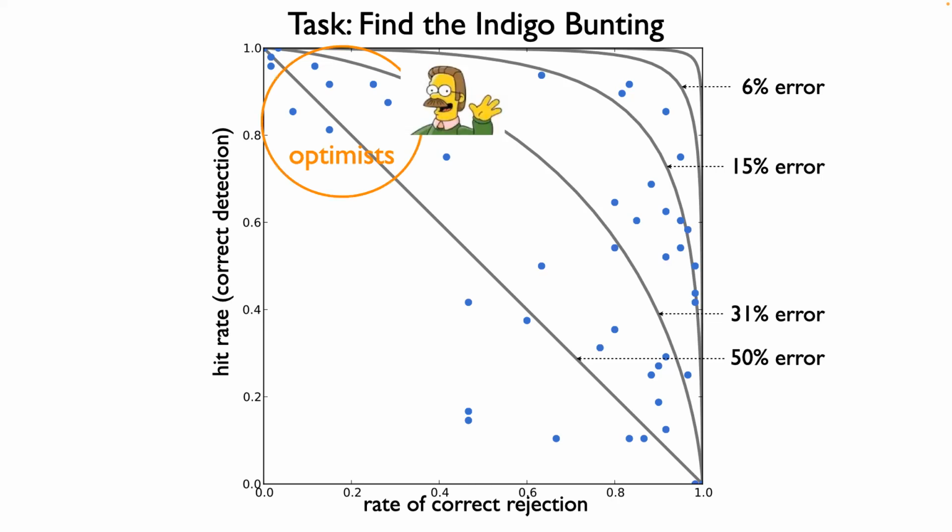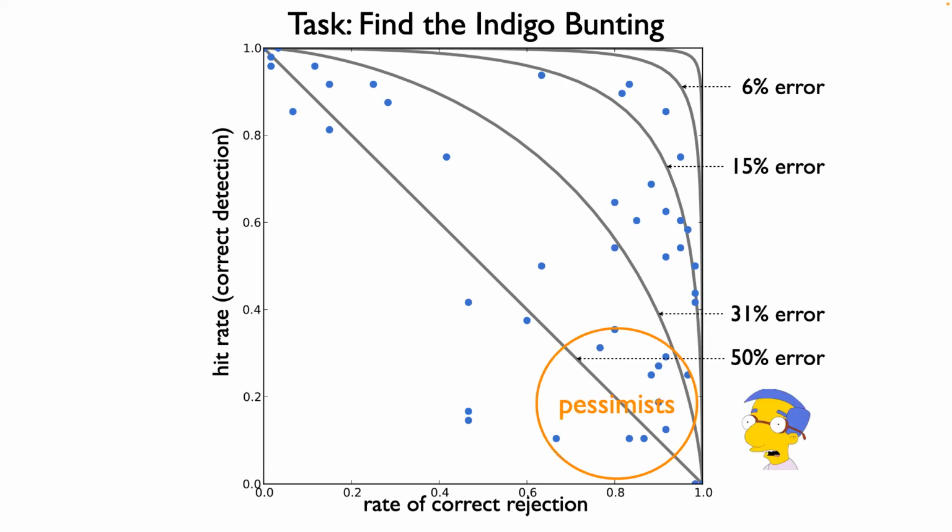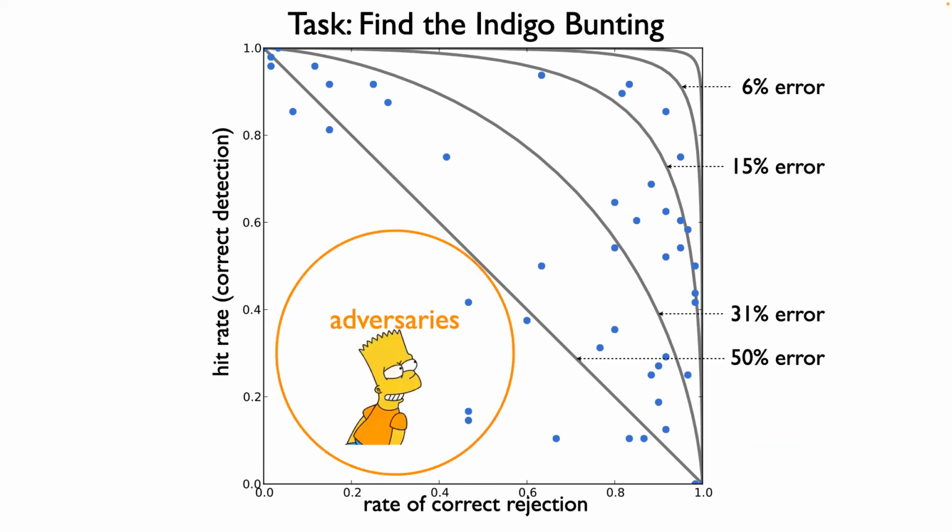And there are people who are optimists. They always say yes, so we get a fantastic detection rate, but their correct rejection rate is in the toilet. And pessimists, the opposite. And then there are people who do the opposite of what you want them to do, and so on. So if you can estimate that somebody is always flipping the bit, then they give you a signal. Then they turn out to be your friends, but you've got to understand what they're doing.